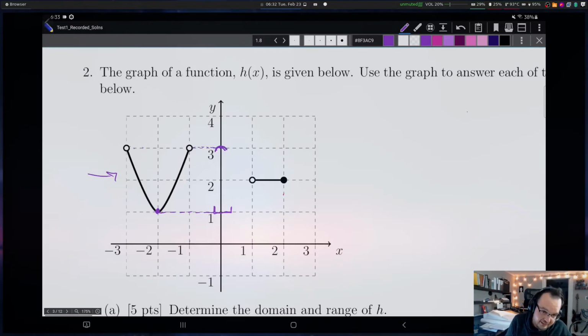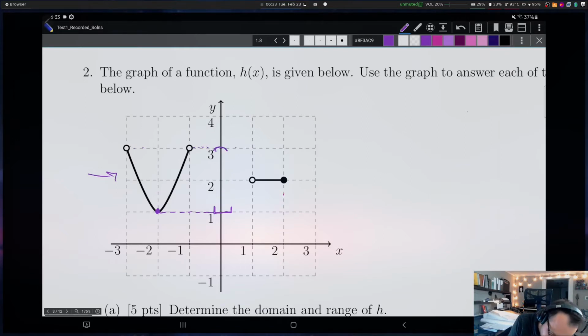You just have to be a little bit careful because even though this one was open, that doesn't necessarily mean that this is always an open interval. For example, if this one was a closed dot, that's telling you that this endpoint you would now have to include because 3 is an attainable output. There's a point in the function that attains that output. But here they're both open, so we can leave this open.